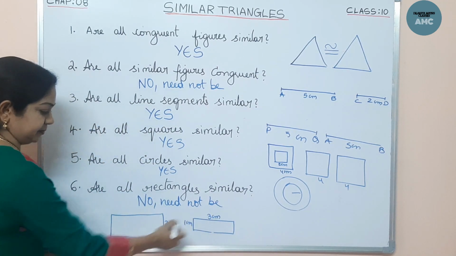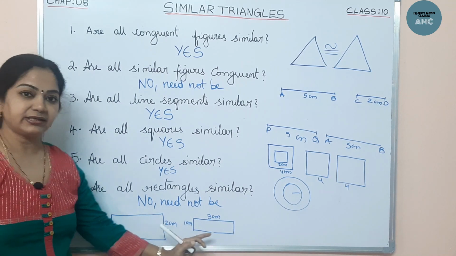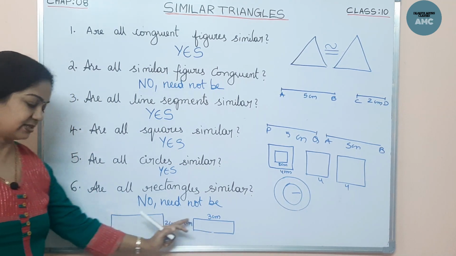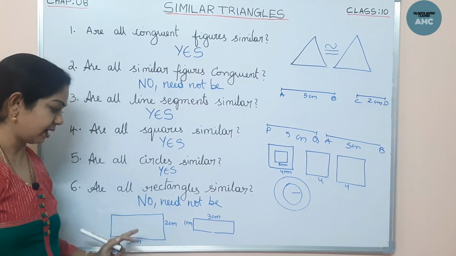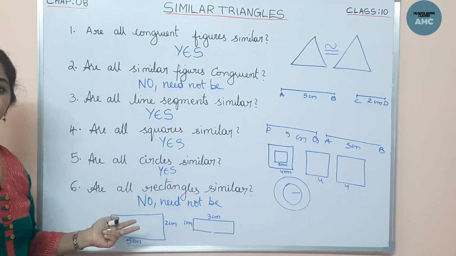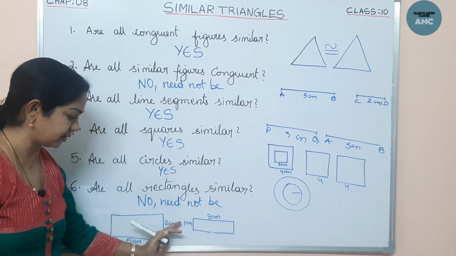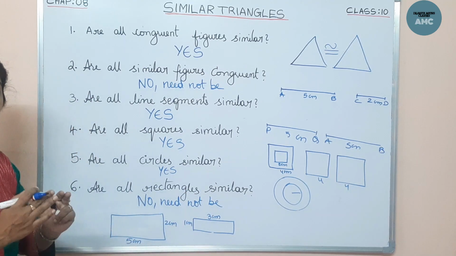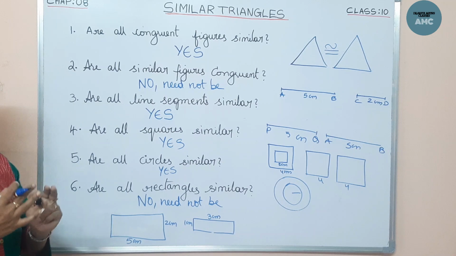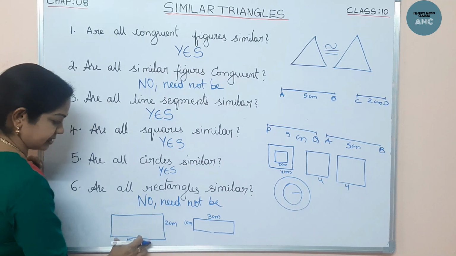Are all rectangles similar? They are not similar, and not even congruent, because we have to see the ratio in proportion. The ratio of the sides, this is 5.